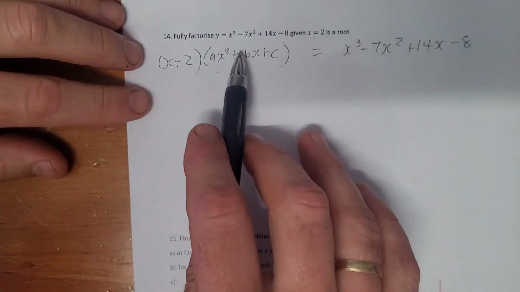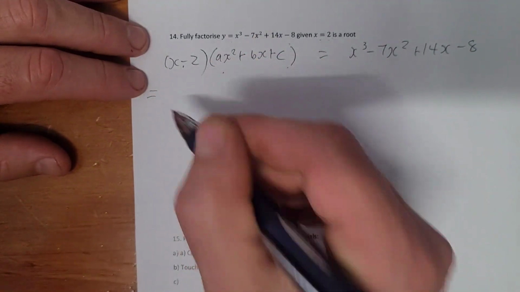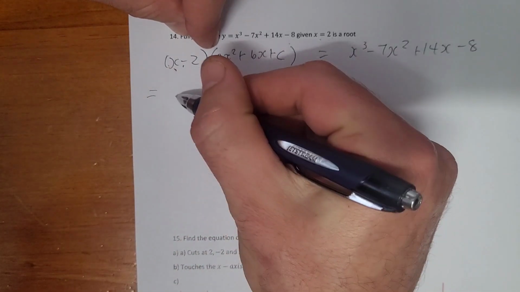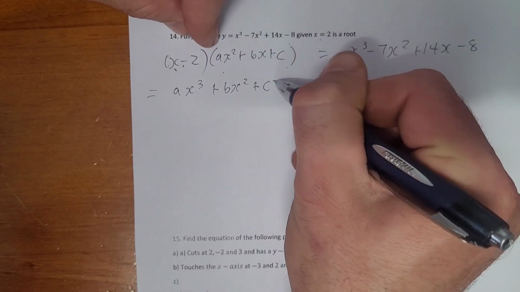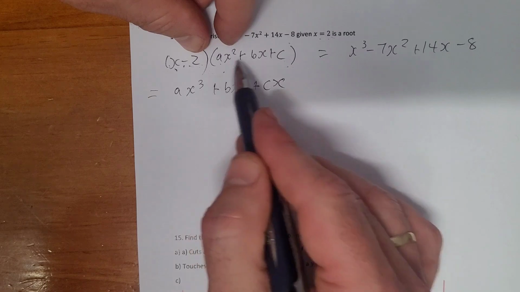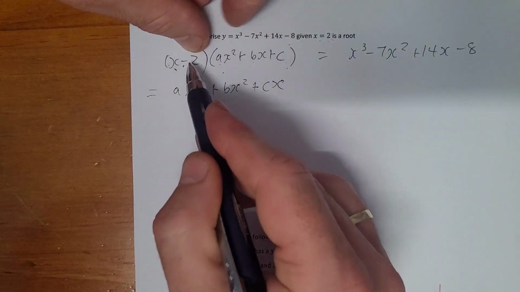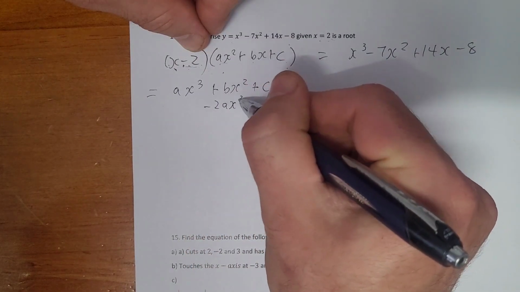So first we'll expand this. What we're going to do is take the x and multiply it by every term in this bracket. That's going to give us ax to the 3 plus bx squared plus cx. Then we're going to take the minus 2 and multiply that by every term in the bracket. Now remember, I like to do the staggered method. So I'm going minus 2 times ax squared. That gives me minus 2ax squared.